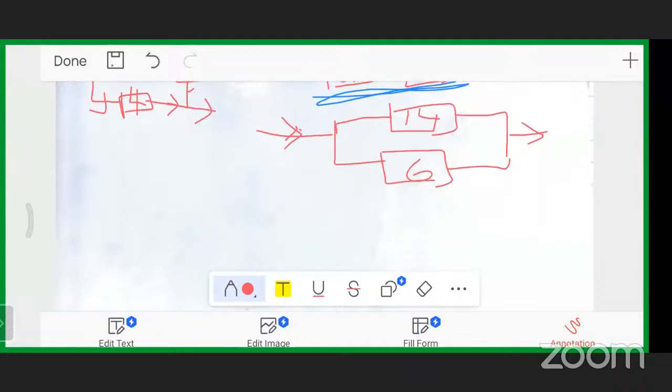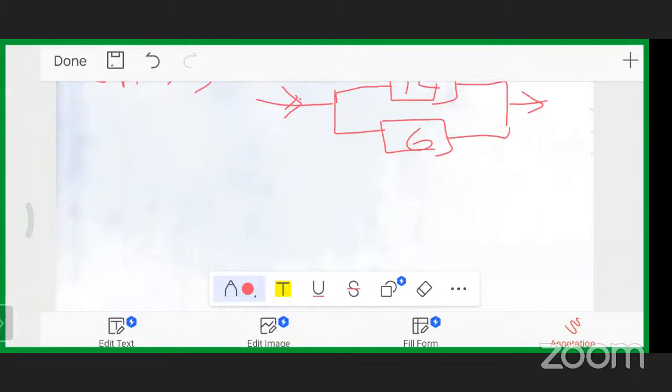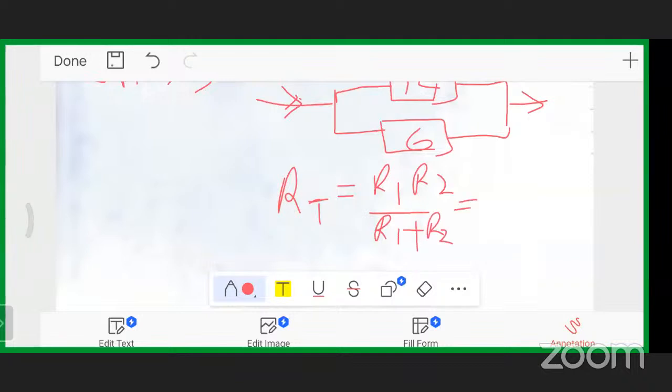So for that parallel connection, we are going to have that R effective or R total. The question was about R total. So R total will be R1 R2 over R1 plus R2. It is a product over sum, the two.